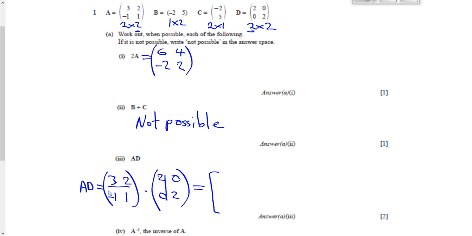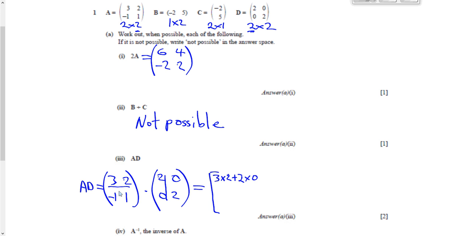So we're going to have 3 by 2, plus 2 times 0. So that's our top left side.